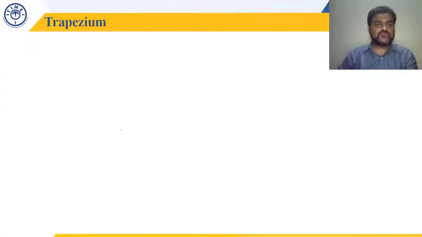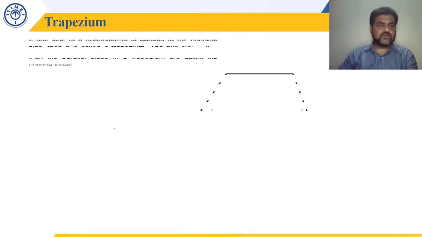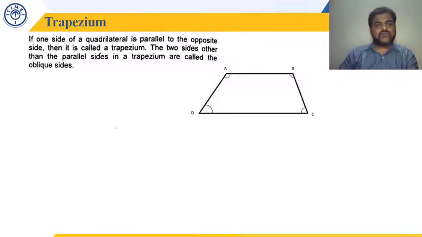Let's look at the next figure, which is trapezium. What is a trapezium? Now, trapezium is not a parallelogram. First of all, trapezium is a different kind of quadrilateral. If one pair of opposite sides are parallel in any quadrilateral, then it is a trapezium. So in this case, AB and CD are parallel, so this will become a trapezium.